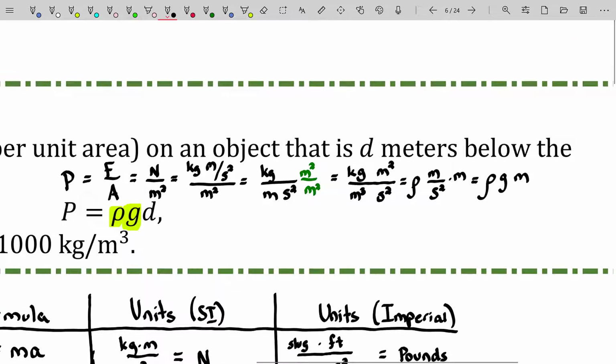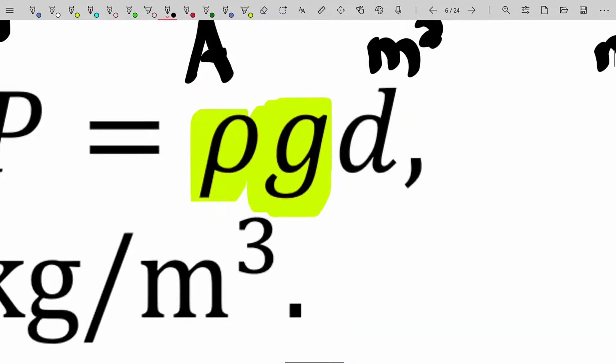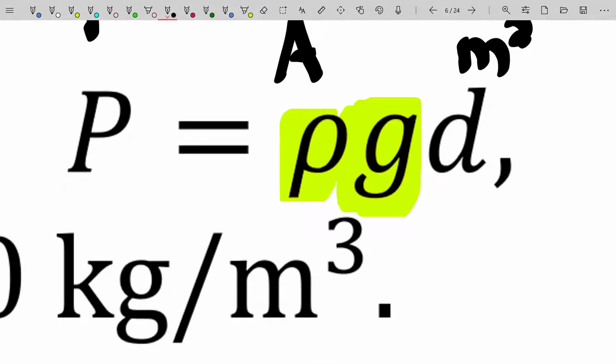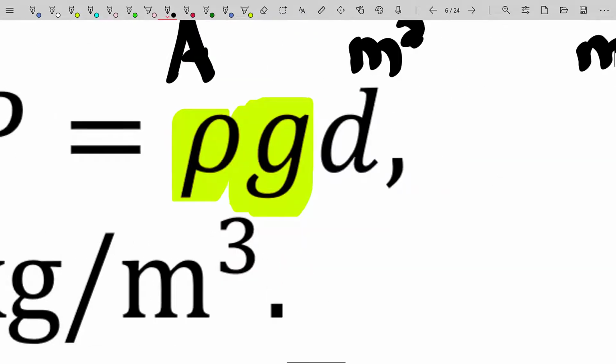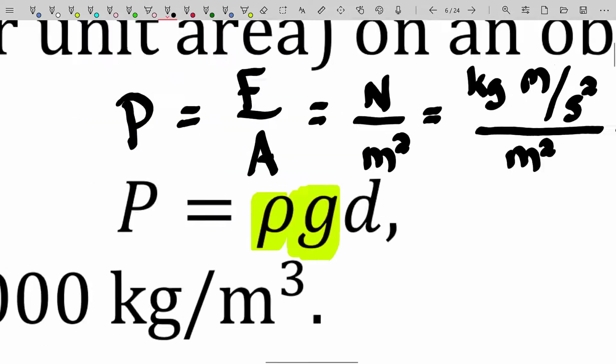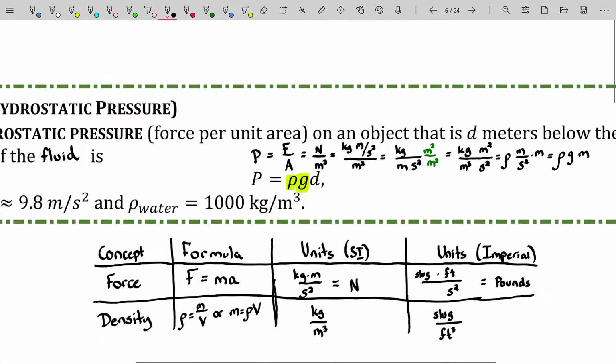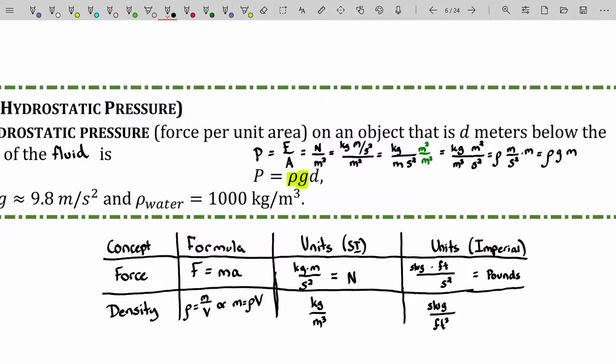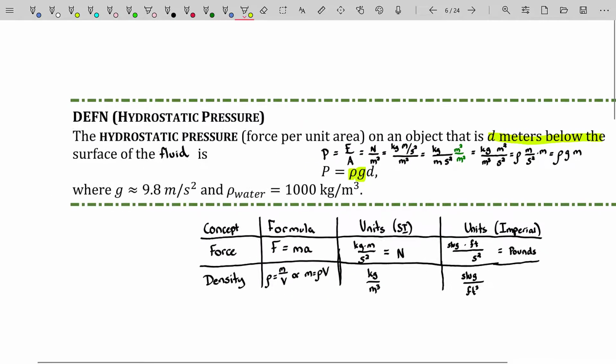Now, look at the last letter there. The last letter in this formula for hydrostatic pressure is some D. Well, what does D represent? D is how far below the surface of the fluid that little unit area that we're looking at is at. So D is just a certain amount of meters.